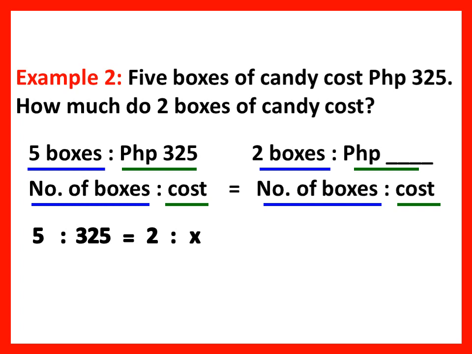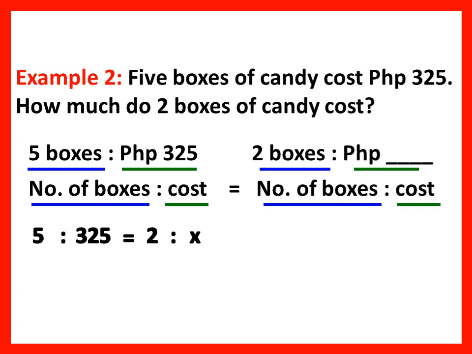As you can see, for 5 boxes, it costs 325. So from 5, it becomes 2, and that is decreasing. So for 5 boxes is 325. So what do you expect if you are trying to buy 2 boxes only? Would that be higher than 325 or lower than 325?